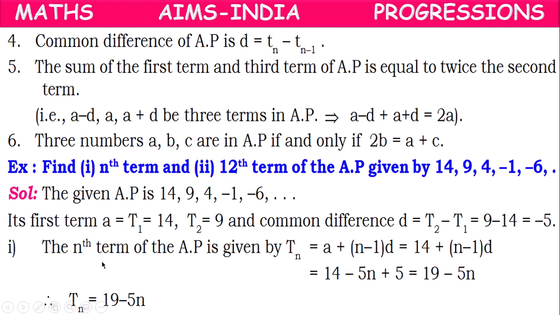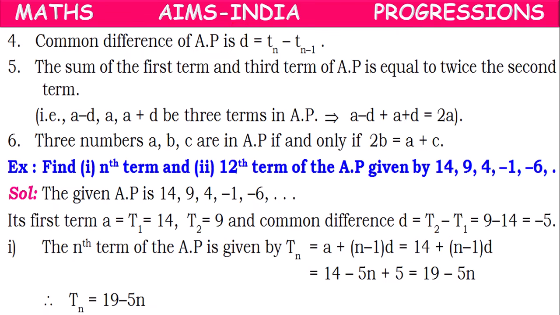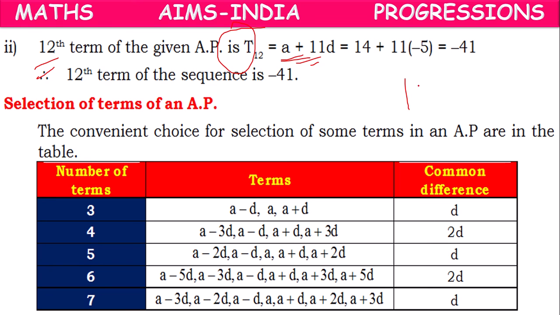So with this formula for Tn, the 12th term T12 will be a plus 11d, or we have the formula Tn equals 19 minus 5n. With this we can directly find it: 19 minus 5 into 12, where n is 12. 5 into 12 is 60, 19 minus 60 equals minus 41.